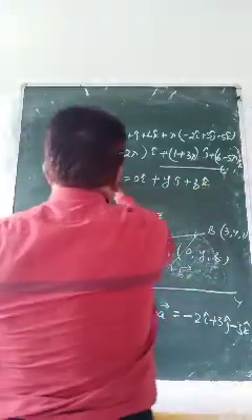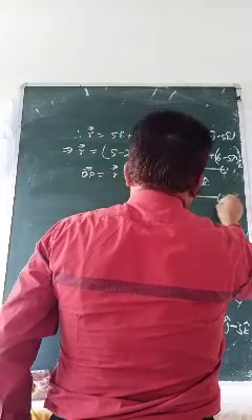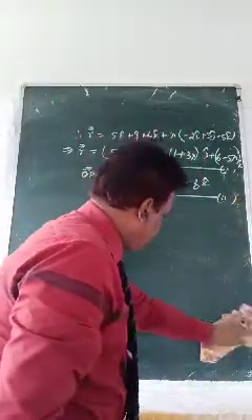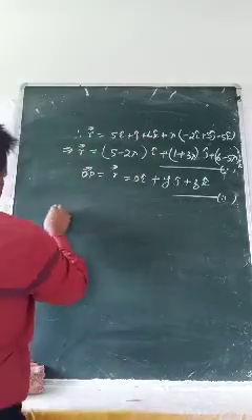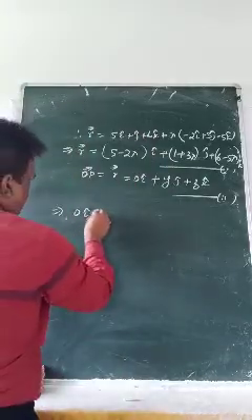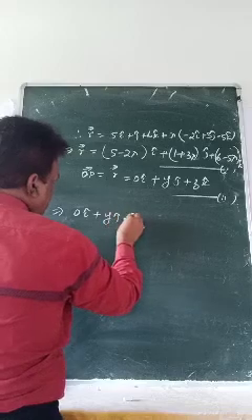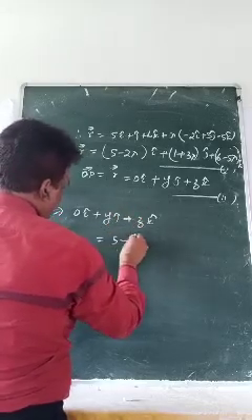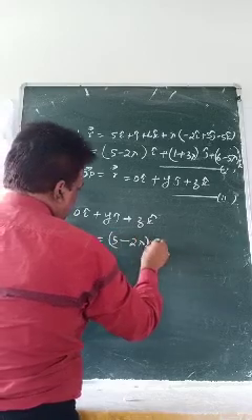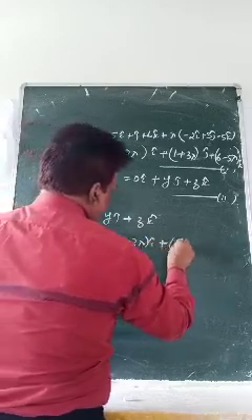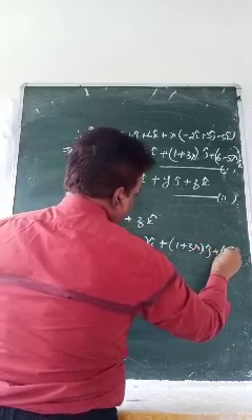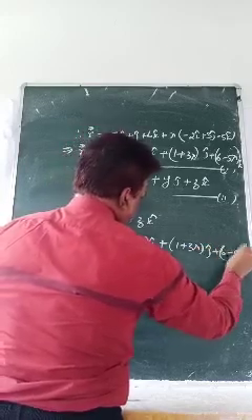Now you can write 0i + yj + zk equals (5 minus 2 lambda)i + (1 plus 3 lambda)j + (6 minus 5 lambda)k.